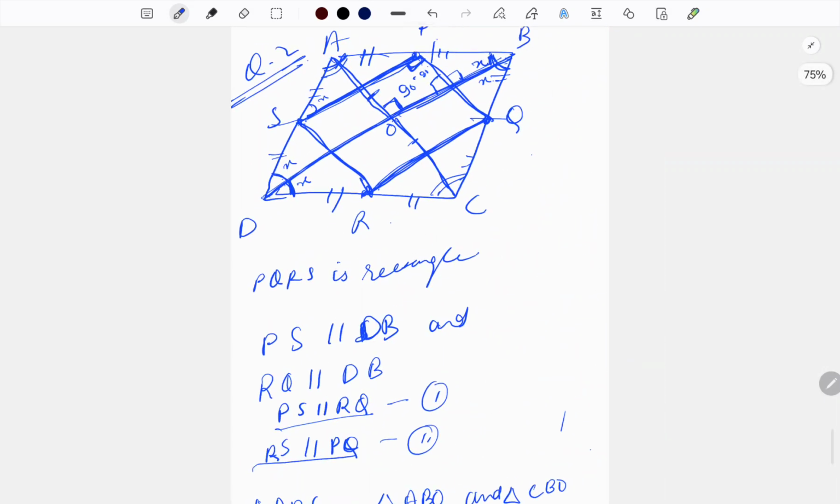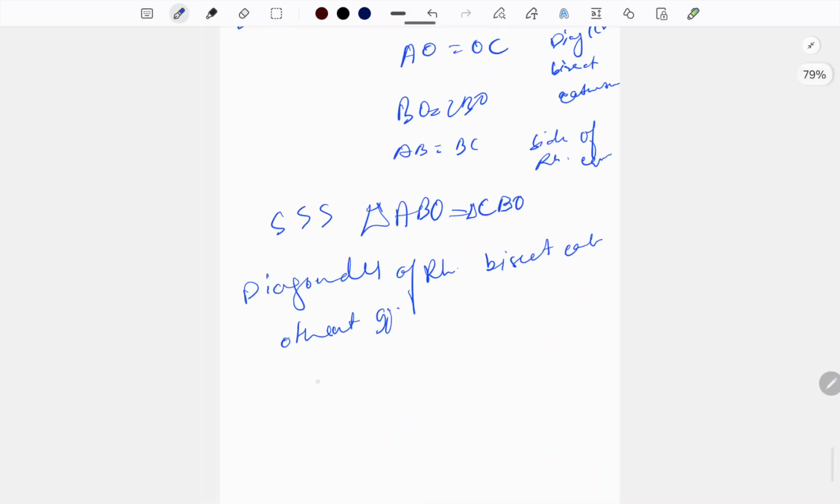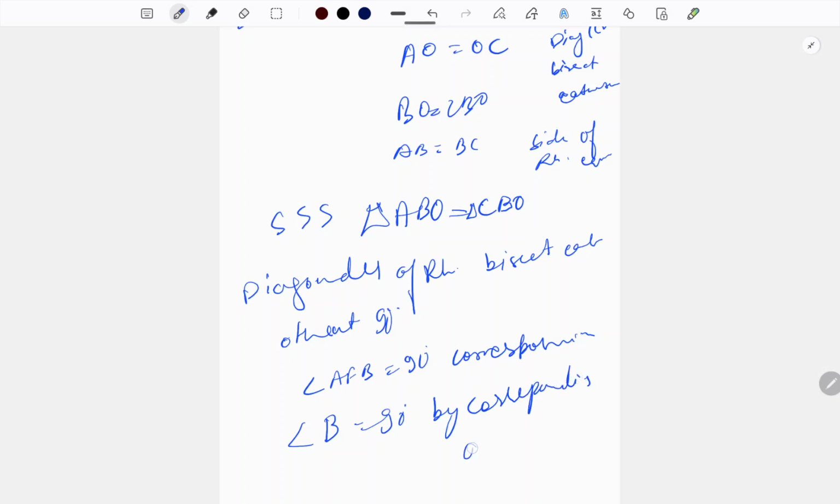Now this bisects at 90 degree, so angle AP, let's say this is F, so angle AFP will also be 90 degree by corresponding angle, and therefore angle B will be 90 degree by corresponding angle.